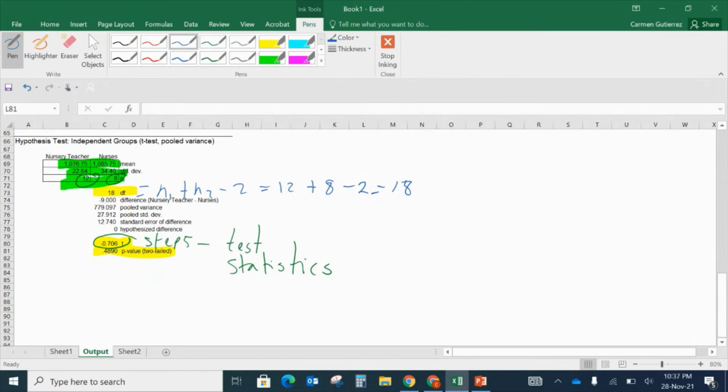Okay, so here's a way in which you can confirm that you've done the right thing, getting your degrees of freedom accordingly. And this here, we were looking at test statistics for the t-test.